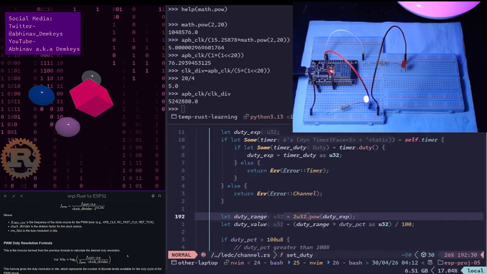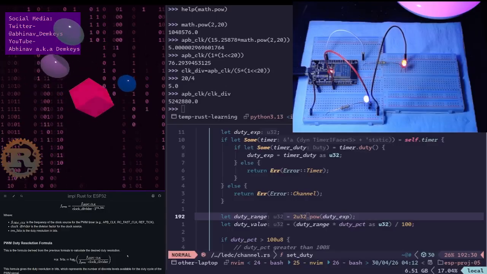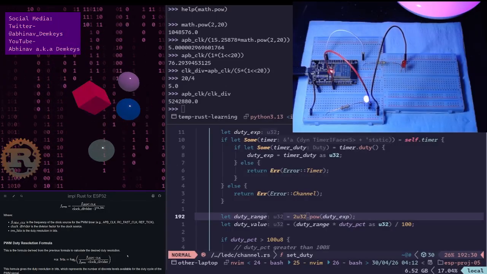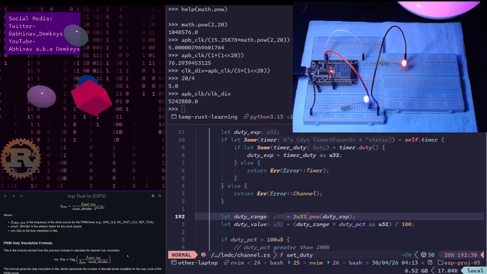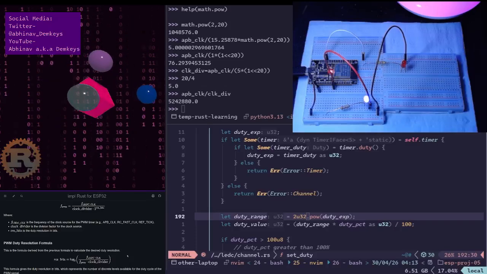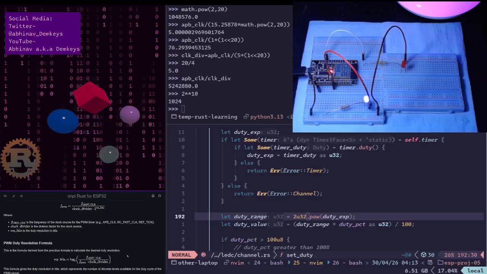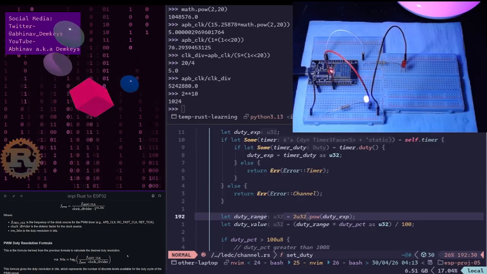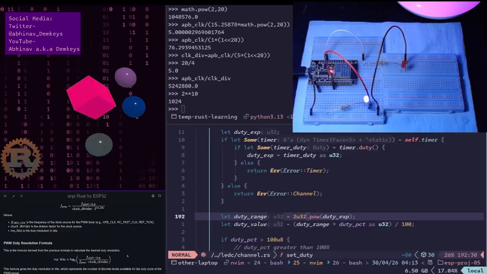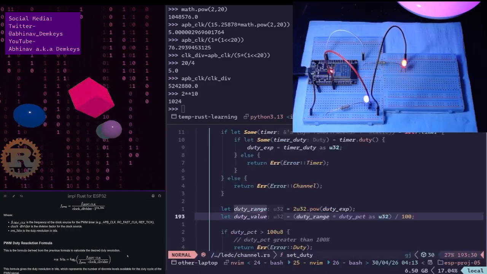Let's say we've done 2 to the power 10, which would be 1024. Let's go to our Python interpreter and do this. So that's 1024. This calculates our range, and based on the range, it calculates the actual duty value.